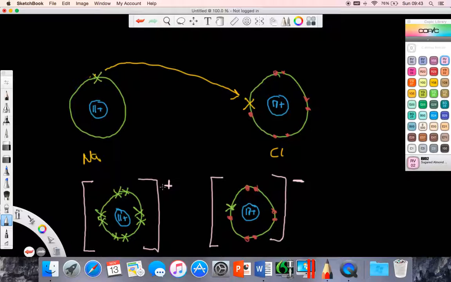Okay? These two ions would be attracted to each other. The positive cations would be attracted to the negative anions. This would form what's known as an electrostatic attraction, or more commonly known as an ionic bond.